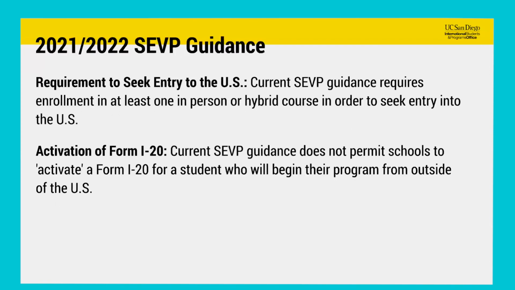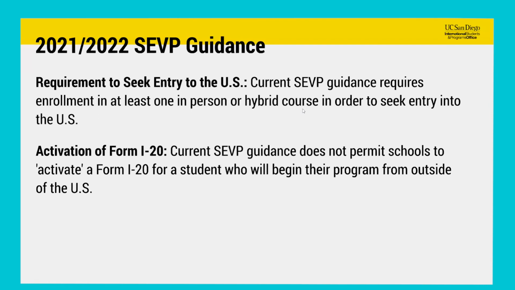Now, because of the 2021-2022 academic year's SEVP guidance, there are some important things to note regarding travel. SEVP and the most recently released SEVP guidance require enrollment in at least one in-person or hybrid course in order to seek entry into the US.